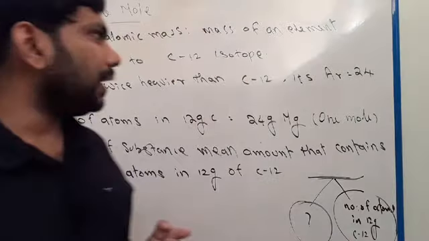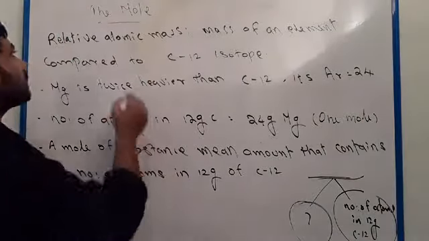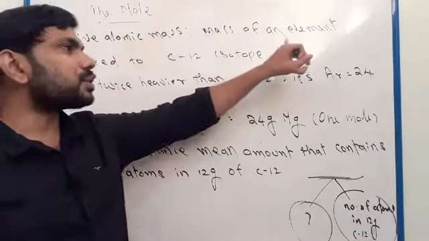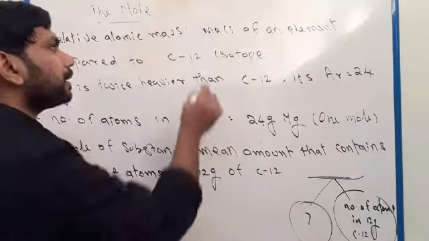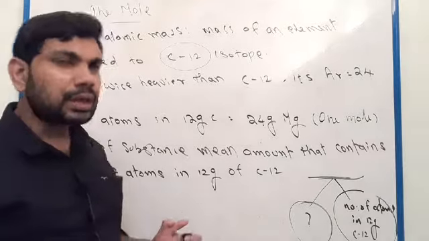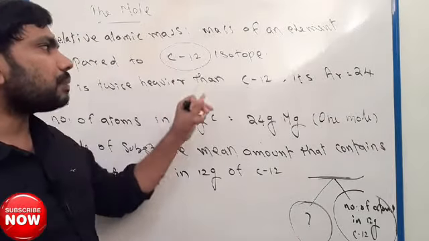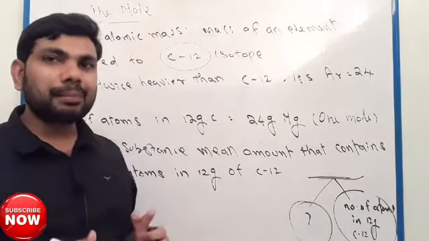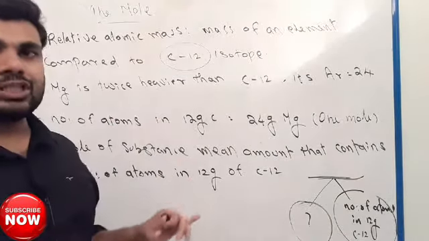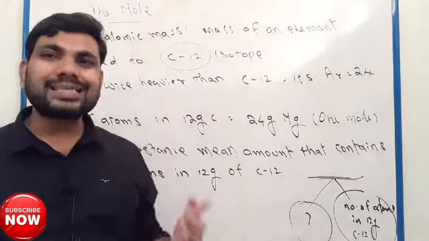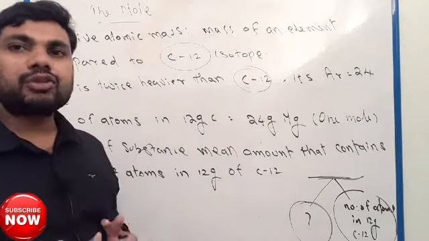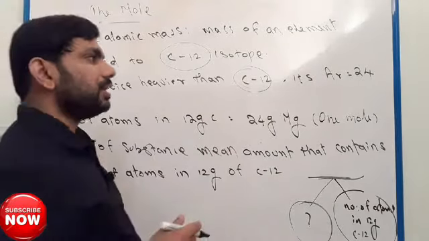So here we are talking about the mole concept. First we discussed relative atomic mass: the mass of an element or molecule compared to the carbon 12 isotope. Magnesium is twice as heavy as carbon 12, so its relative atomic mass is 24.